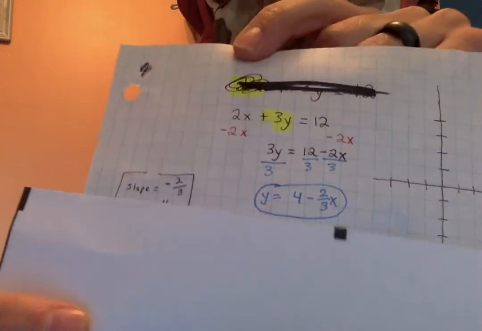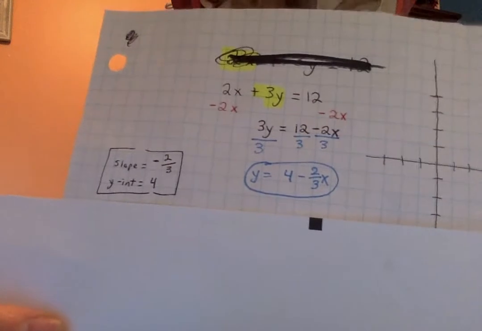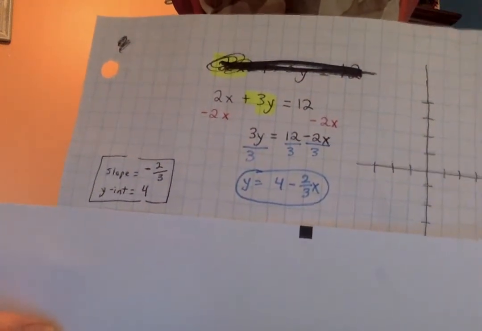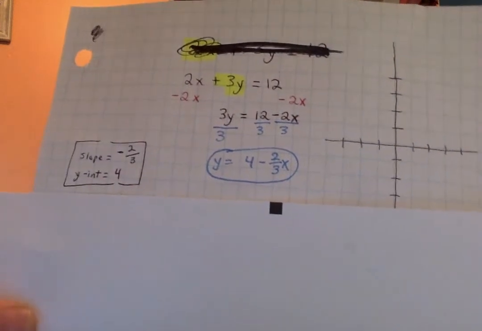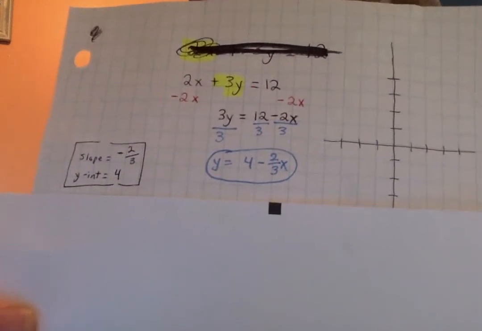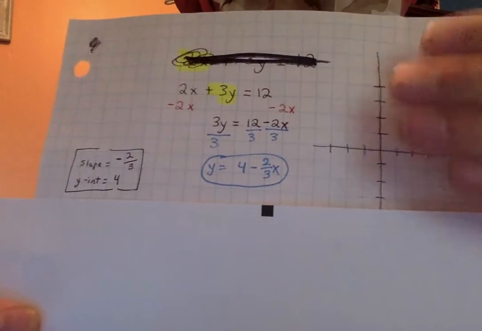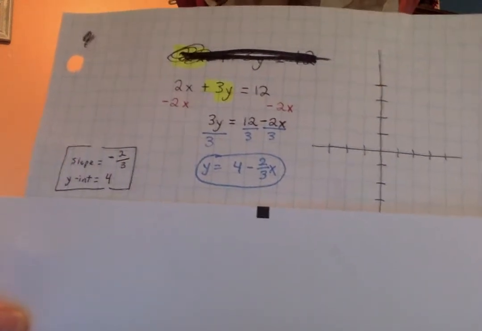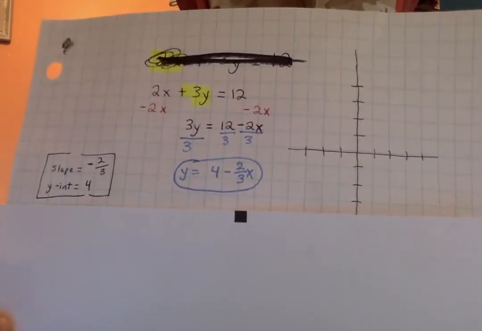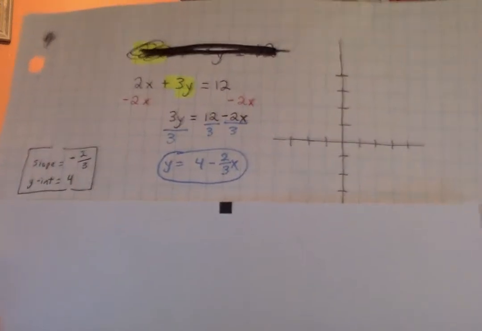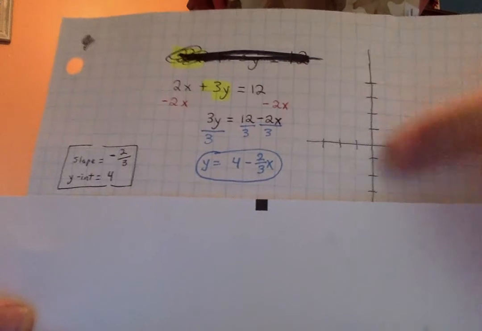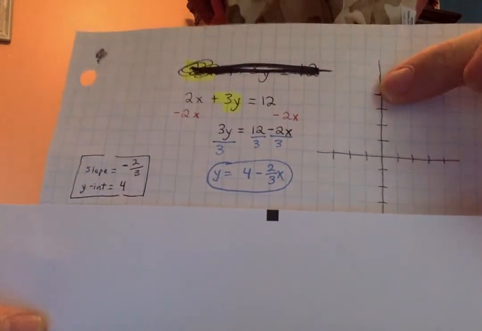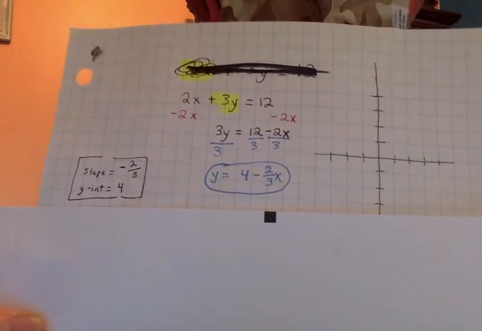So what I want you to do in your notes is like I did over here. I want you to write down the slope and what it is. I want you to write down the y-intercept and what it is. I will check that you get it written in the notes. You don't have to graph it. I'm just going to start off by reviewing with a graph. So if the y-intercept is 4, you'll go over here on your y-axis, up to 4 and put a dot.